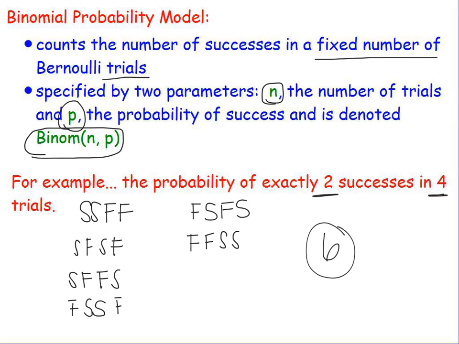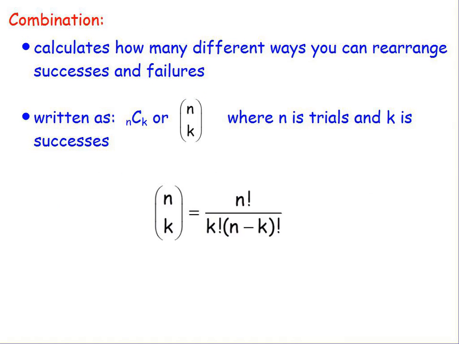Now imagine if we changed it to 20 trials and say 7 successes. That could get a lot harder to do a list like we just did. So we need to have an easy way of figuring out how many different combinations there are. So that introduces the concept of combination. A combination calculates how many different ways you can rearrange your successes and failures.